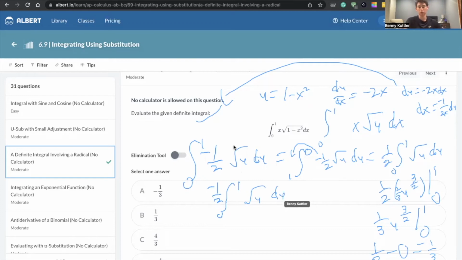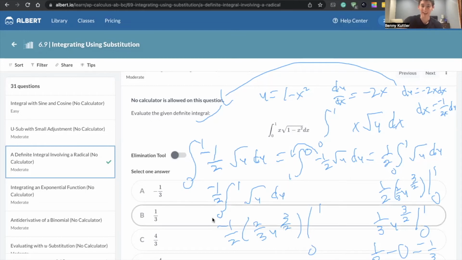Remember, the antiderivative of the square root of u is 2/3 u to the 3 halves, so -1/2 times 2/3 u to the 3 halves between 0 and 1. So now this is the negative of what we had in our other way of doing it, but it won't always work out that way.